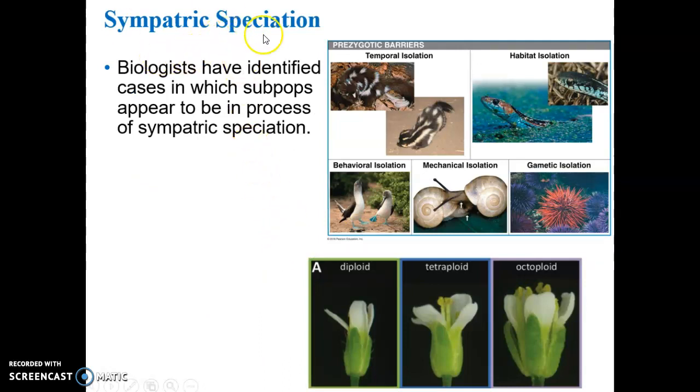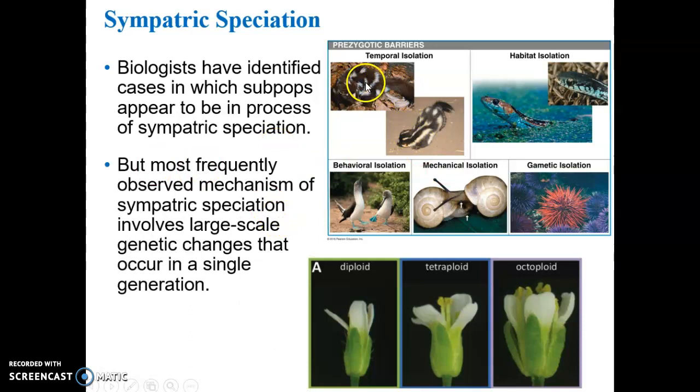So with sympatric speciation, again, speciation occurs when the populations, the members of a species, are not geographically isolated. Biologists have identified a few cases in which subpopulations of one species are apparently undergoing sympatric speciation that will likely lead to two species. For example, the skunk species with temporal isolation, the garter snake species that don't easily reproduce because of habitat isolation.